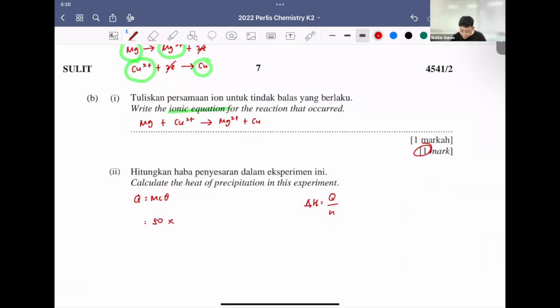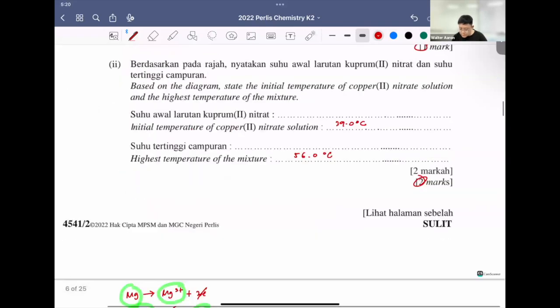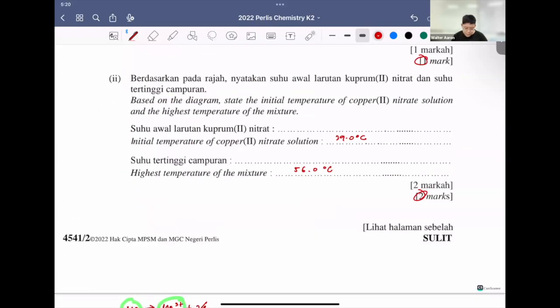So 50 grams multiplied by the constant, which is 4.2, multiplied by the temperature change. So 56 minus 29, you can just use your calculator. That would be around 27.